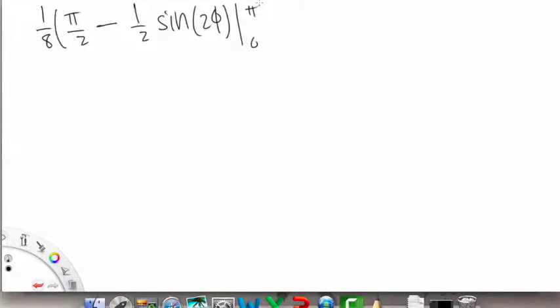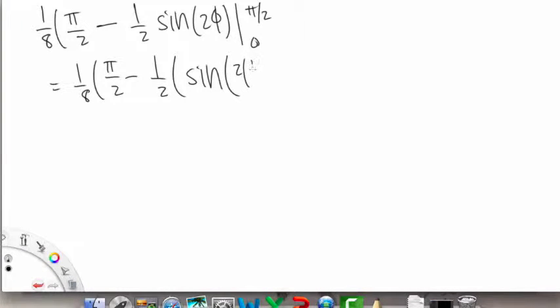So then we get 1 over 8 times pi over 2 minus 1/2 sine 2 phi, as phi goes from 0 to pi over 2. And now we'll just plug that in, and we get 1 over 8 times pi over 2 minus 1/2 times sine 2 times pi over 2, minus sine 0.